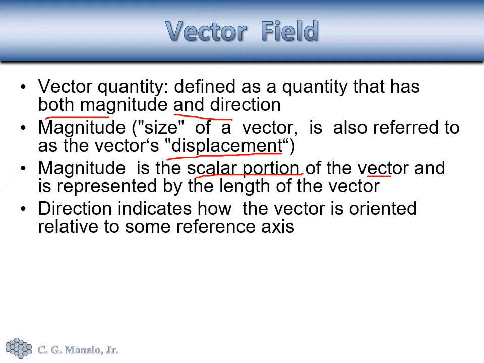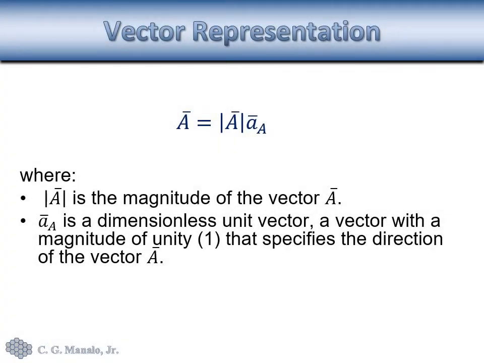Direction indicates how the vector is oriented relative to some axis. Vector quantities can be represented by a variable with a bar above the variable. Sometimes other representations show this as a variable with an arrow above directed to the right.